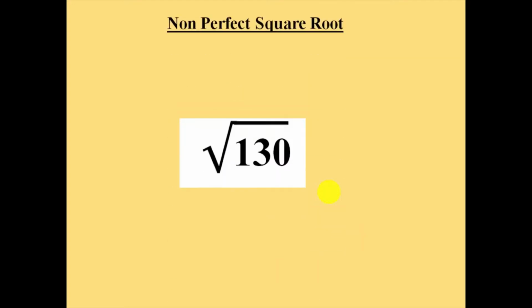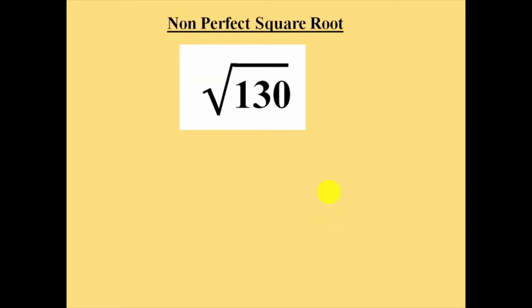Then take one more example. The square root of 130. What is the perfect square which is near to this 130? It is 121, the square of 11. So write down that number 11 here, plus the difference between 121 and 130, which is 9.